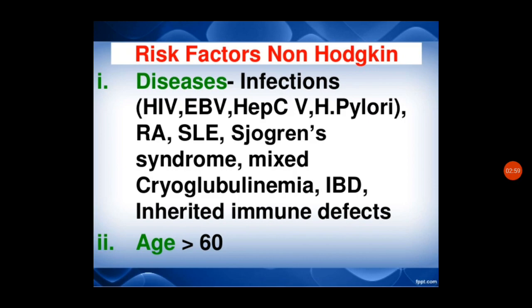Along with these infections, we can expect some occurrence of non-Hodgkin's disease. Other diseases include rheumatoid arthritis, SLE, Sjogren's syndrome, mixed cryoglobulinemia, inflammatory bowel disease, and inherited immune defects. These are some of the diseases and infections which increase the risk of non-Hodgkin's disease, and the theory is still under study.